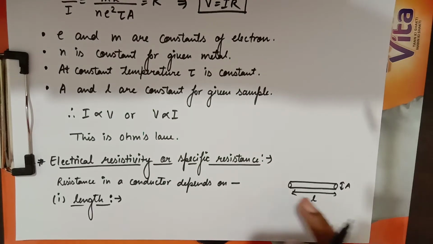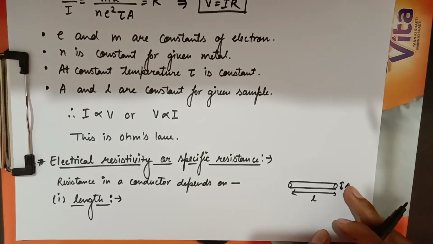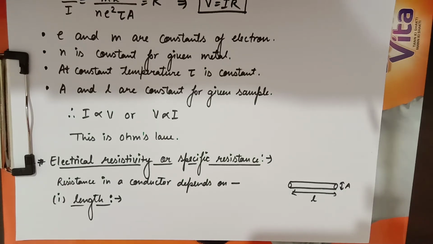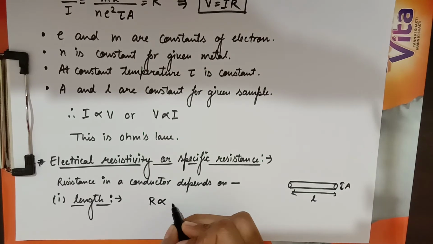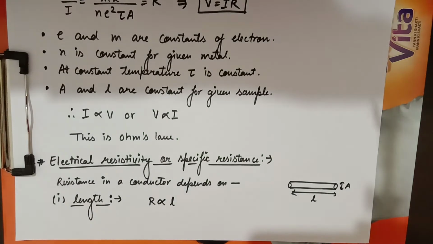If you have a conductor whose length is L and area of cross section is A, how does the resistance depend upon its dimensions like length and area of cross section? If the length of a conductor increases, then resistance also increases. It means we can write R is directly proportional to L.